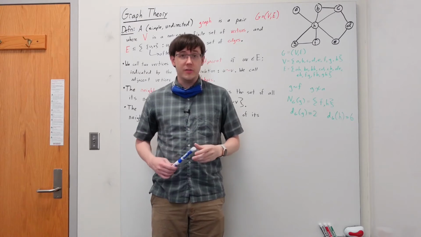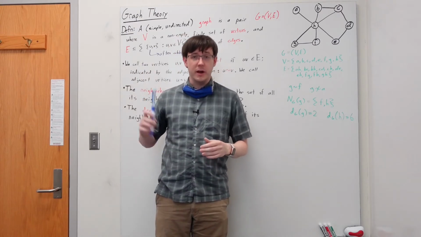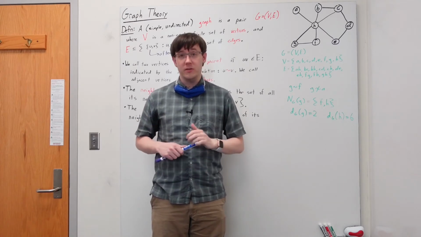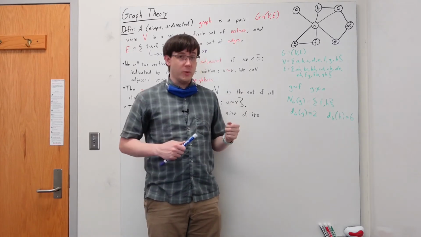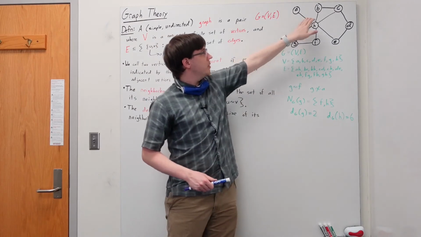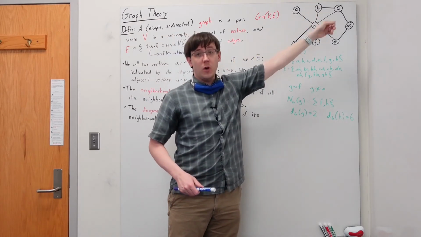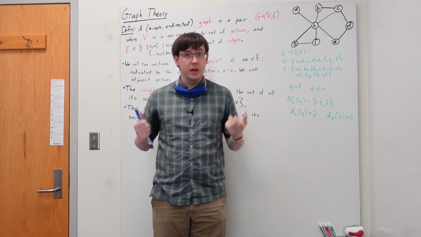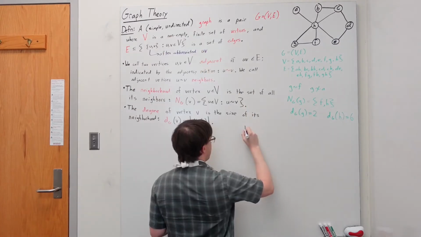But focusing on the undirected graphs we've defined, what is the sum of all of the degrees in the graph? If we were to add up the degree of A plus the degree of B and so on for all of the vertices, can we come up with a formula for the total degree?